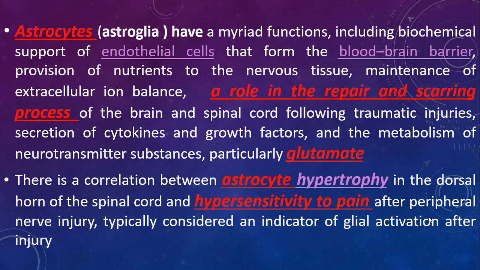There is a correlation between astrocyte hypertrophy in the dorsal horn of the spinal cord and hypersensitivity to pain after peripheral nerve injury, typically considered an indicator of glial activation after injury. So, astrocytes have a relation to chronic pain.